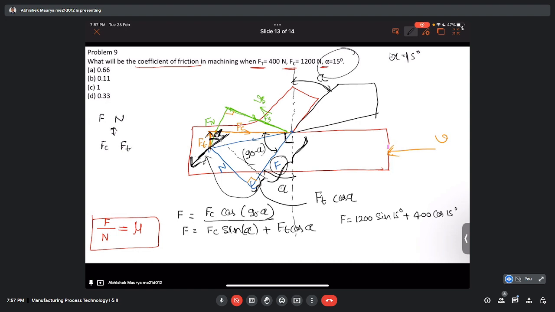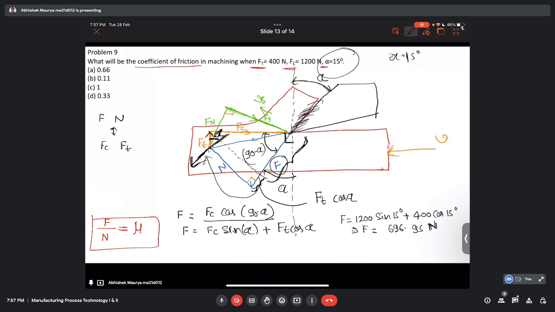If you calculate it, you will find F is equal to 696.95 newtons. So the friction force which the chip experiences from the rake face is 696.95 newtons.